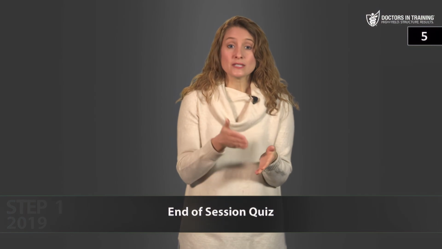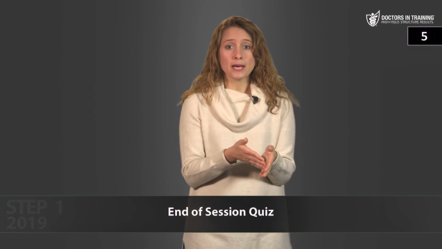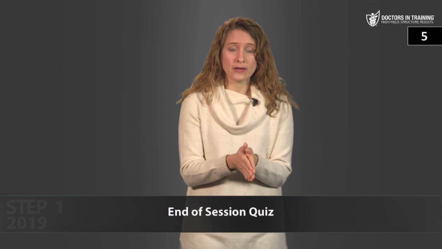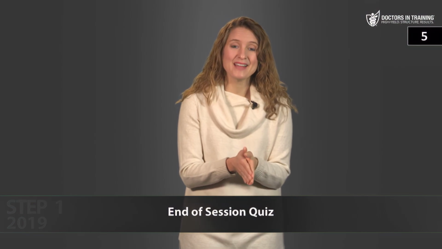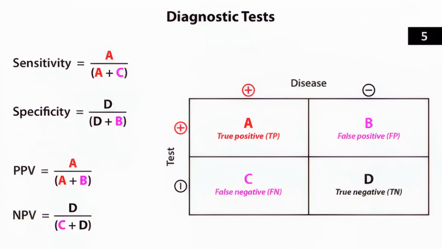What are the equations for sensitivity, specificity, positive predictive value, and negative predictive value? All right, one last time. Sensitivity is the true positives divided by the total of true positives plus false negatives. Specificity is the true negatives divided by the total sum of true negatives plus false positives. Positive predictive value is the true positives divided by the total sum of true positives plus false positives.